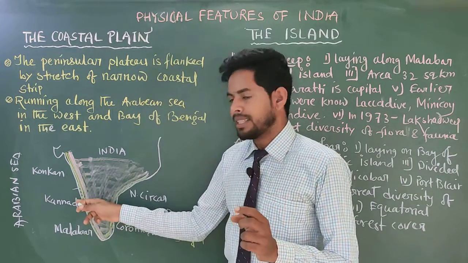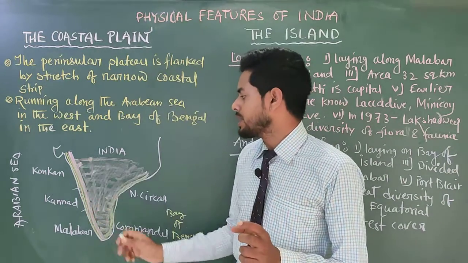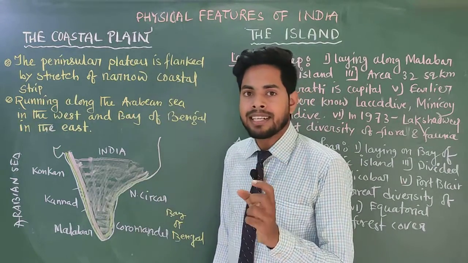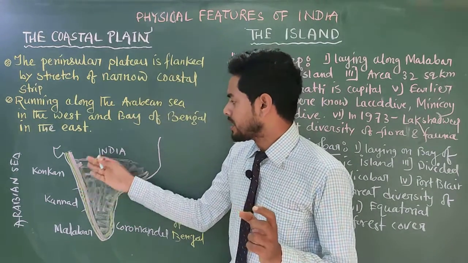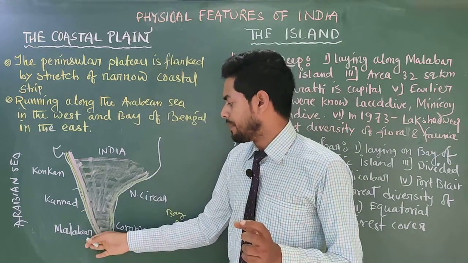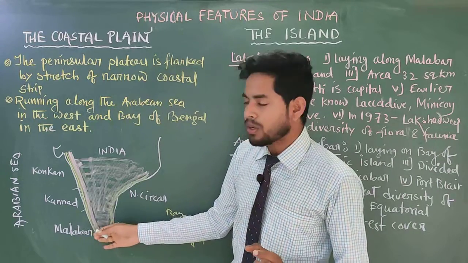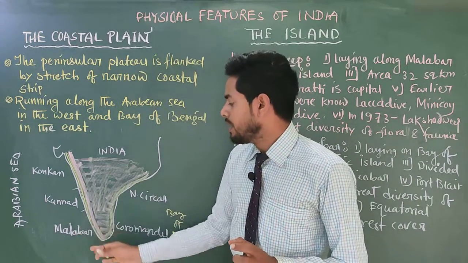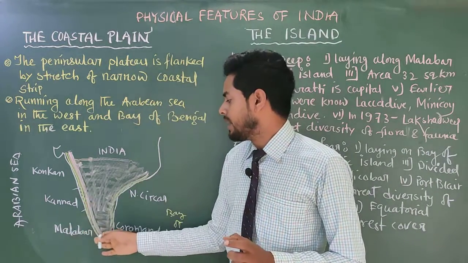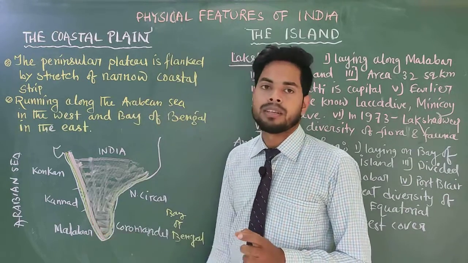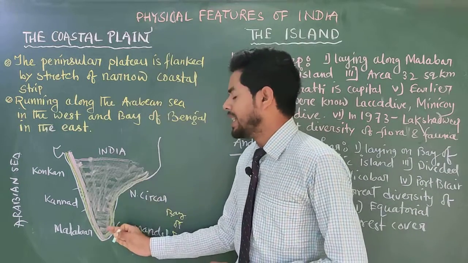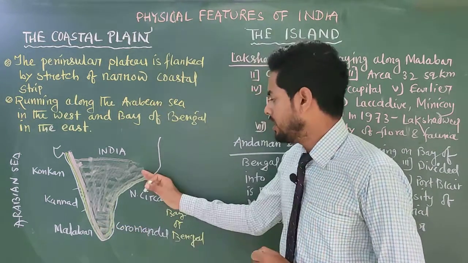The middle stretch of the western coastal plain is known as the Kannada coastal plain, and the southern part is known as the Malabar coastal plain. Kannada lies along Karnataka and Malabar lies along Kerala. The eastern coastal plain is also divided into two parts, northern and southern.